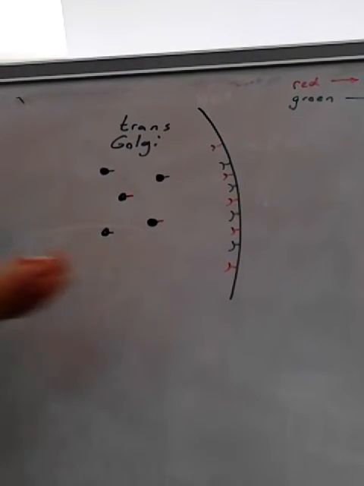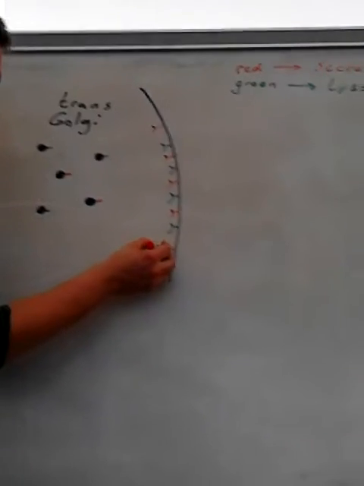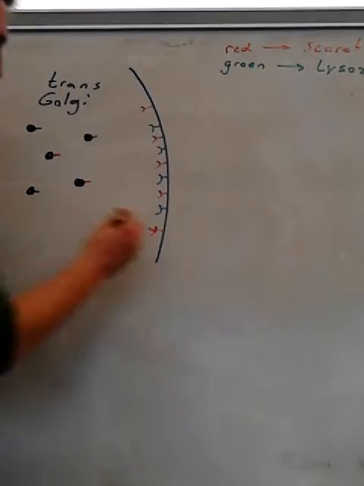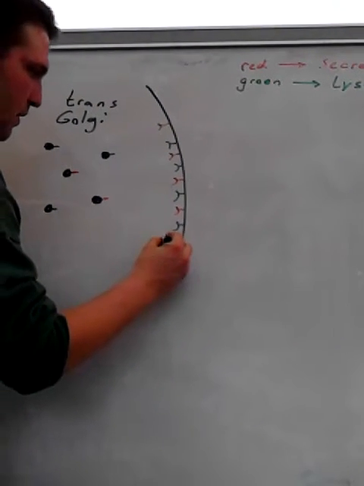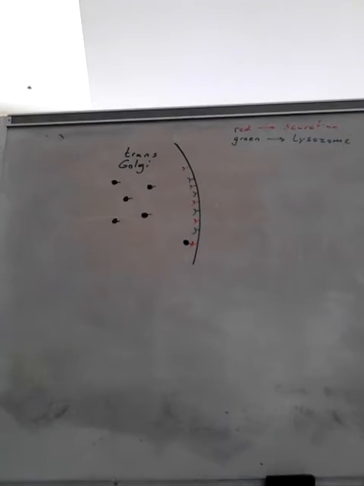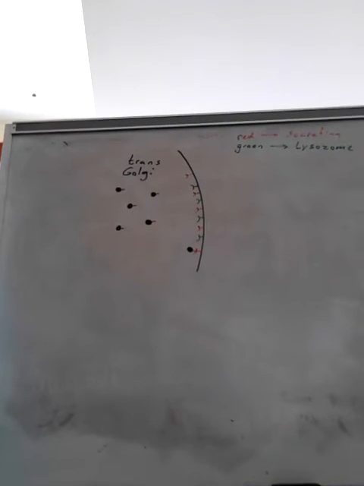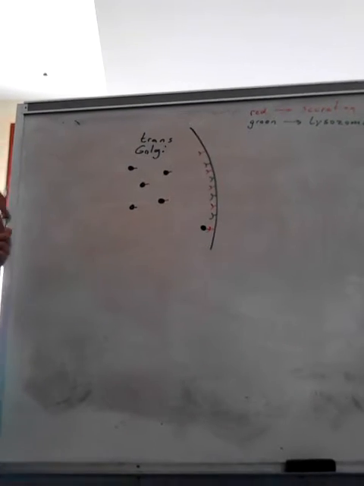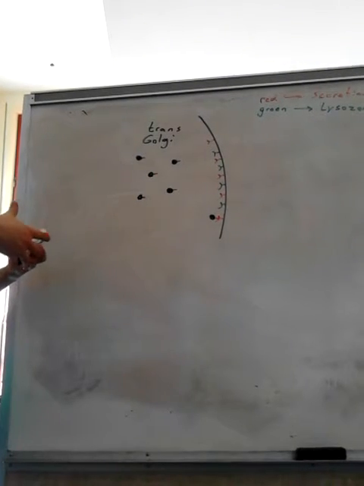These signals will end up binding to this receptor, and then what will happen is all the reds will accumulate together and form one vesicle for secretion. All the greens will accumulate and form the lysosome.